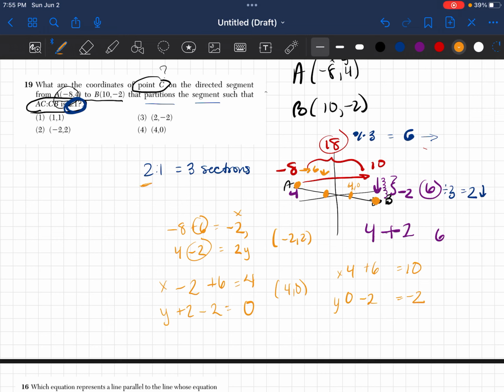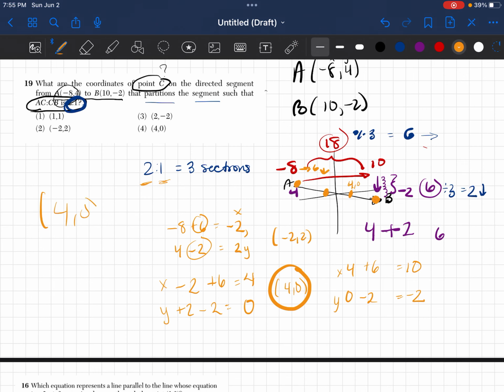I want 2 to 1, so I am going to count 1, 2. This is the point I am looking for because there are 2 partitions on this side and there's 1 partition on that side. So that is the point 4, 0. The answer to number 19 is 4.